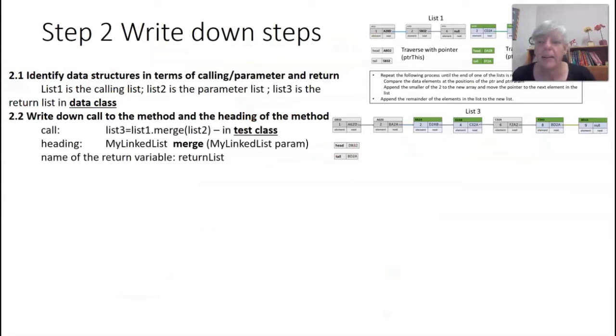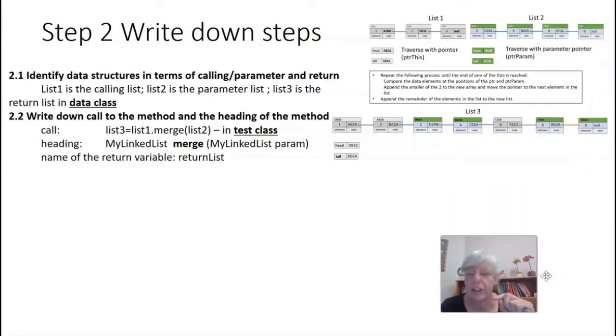Okay, the method call and the heading, as I've just explained, is actually extremely important. That the call you understand, let me just go back there. But it's this heading in the class that's really, really, really tough. The parameter's type is a myLinked list.